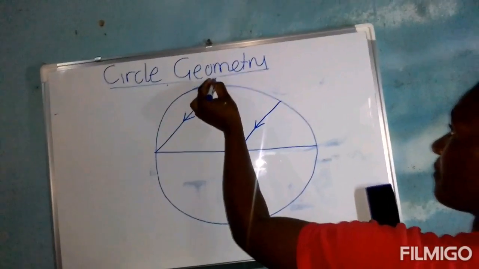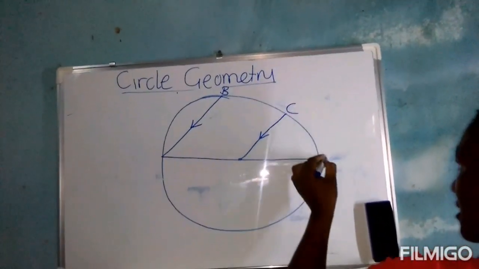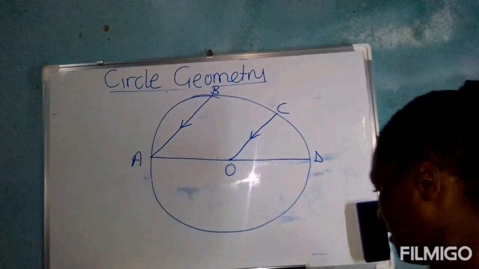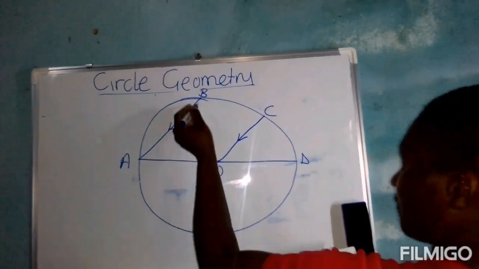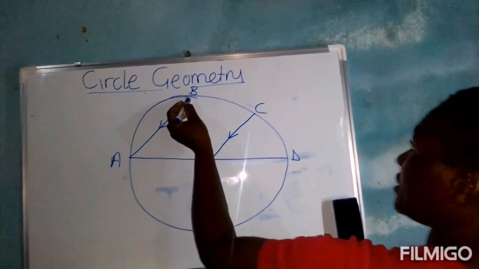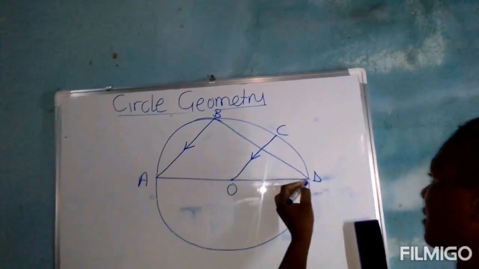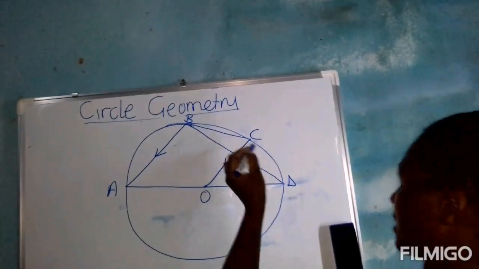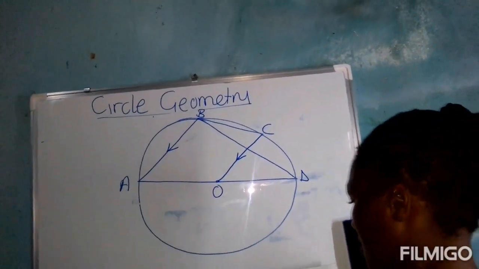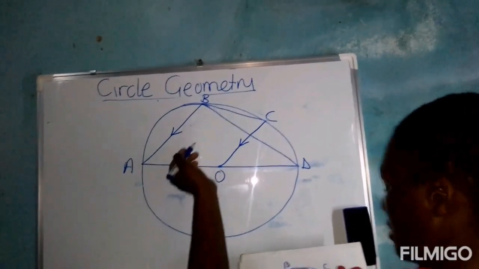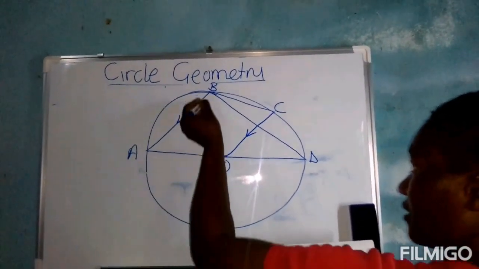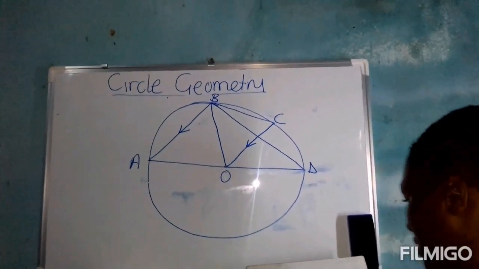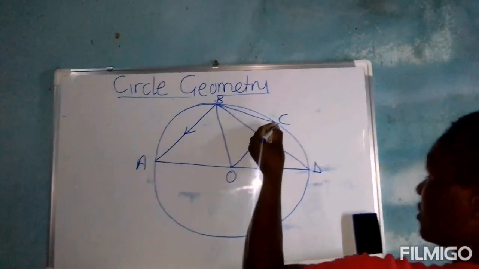Then this is our point B, point C, point D, point O, point A, and we have a line from B to D. We have a line from B to C. Then we have this line B to O, and we have this line C to D.